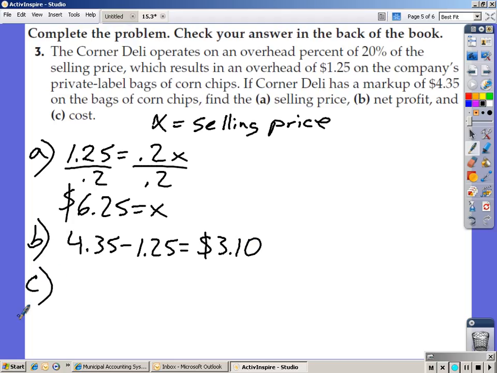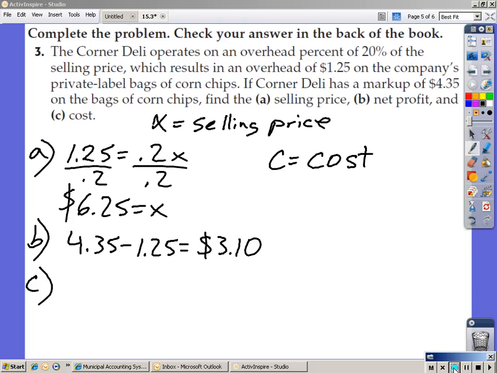Okay, finally, part C wants us to find our cost. We're going to let C equal cost. So what formula? Think about what formula uses cost. We've got to use our formula for markup, because markup equals selling price minus cost.